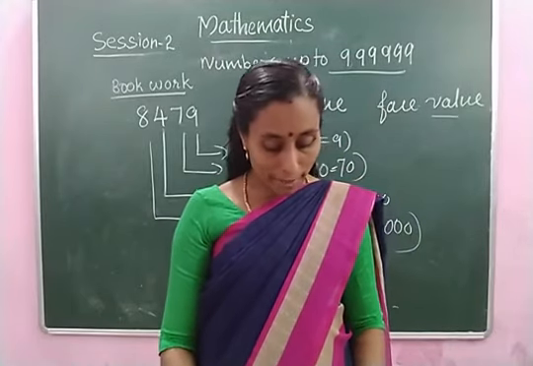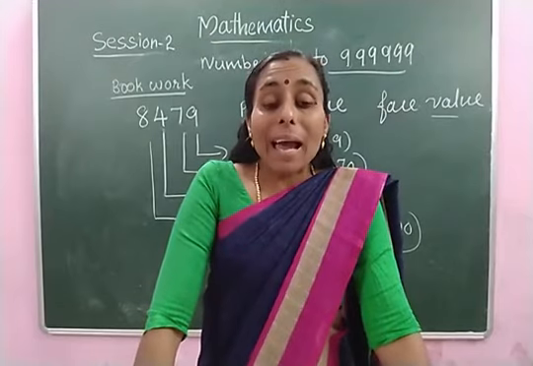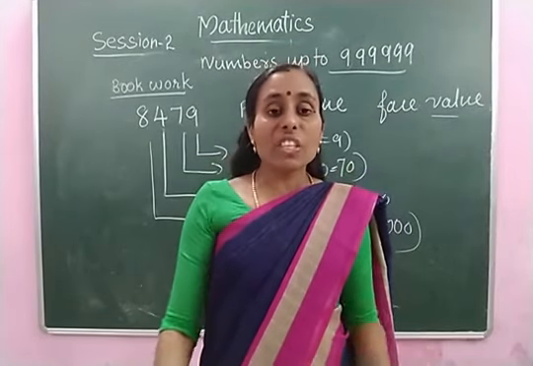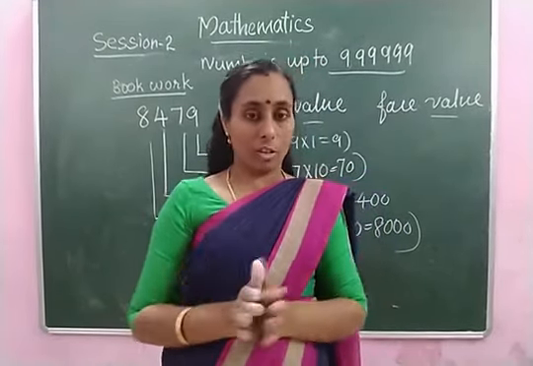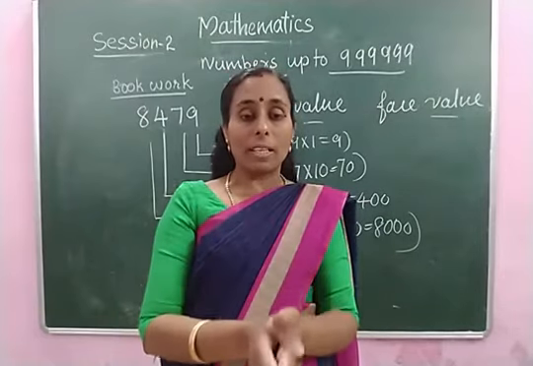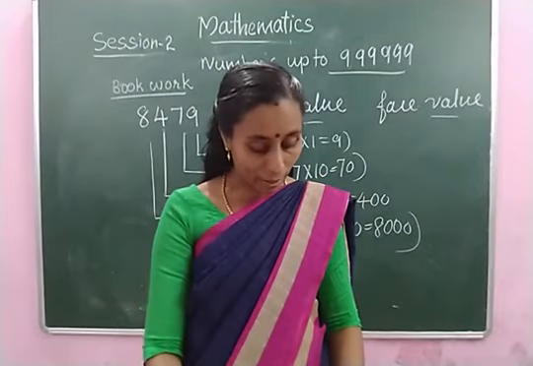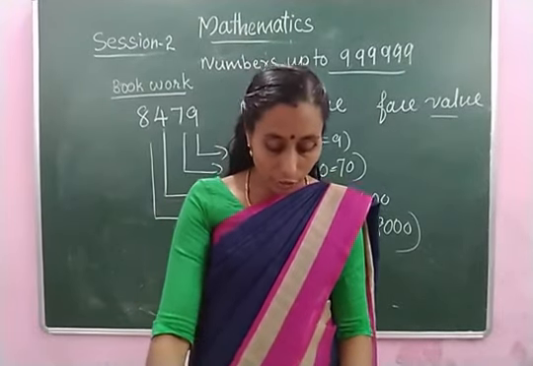Then expanded form. Expanded form means to write the numbers easily, we split the numbers and write. We split the numbers according to the place value. Then we put a symbol in between. That is expanded form.